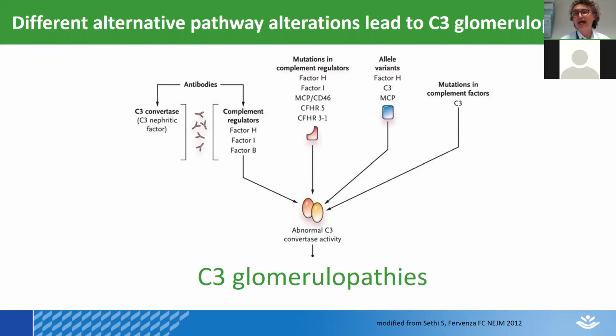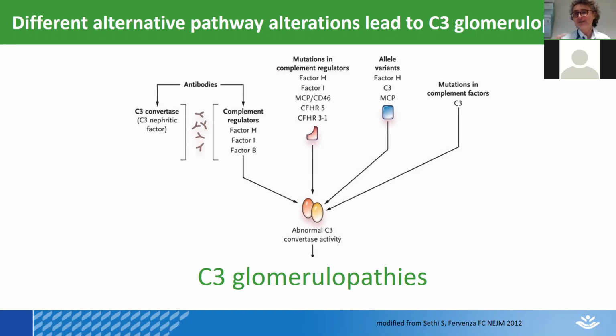They have the objective of protecting us from infections. However, in some individuals, for different reasons, when these proteins are activated, they remain activated. They don't shut off as they should normally do once the infection is over.